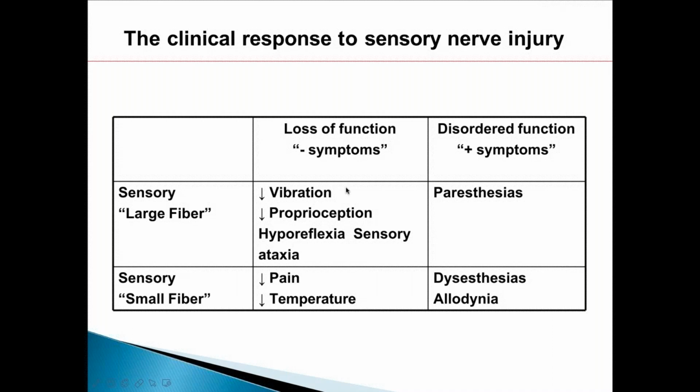And if it is the large fiber, these are the problems you might encounter. At the same time, positive symptoms are paresthesias for large fibers, and dysesthesias and allodynia for small fibers. Am I clear with the sensory symptoms? This should be coming in your chief complaint, which usually manifests and is corroborated in your clinical examination.